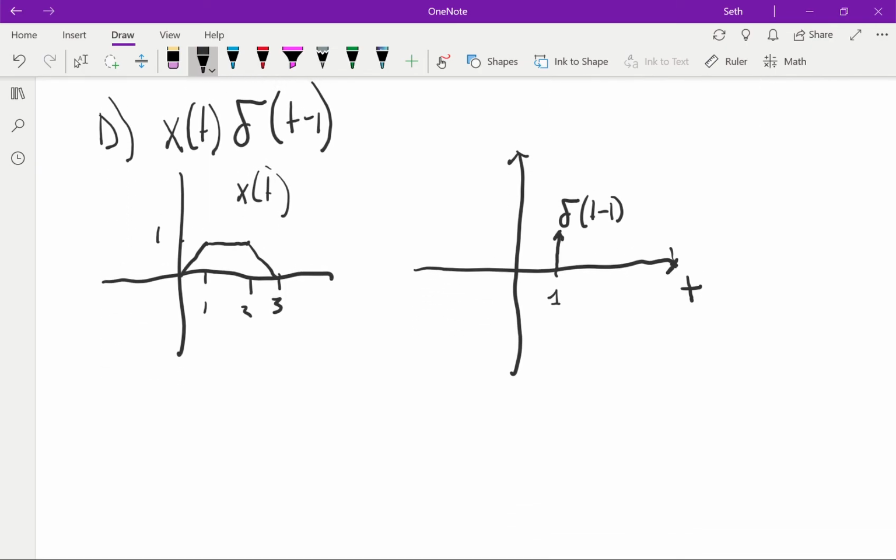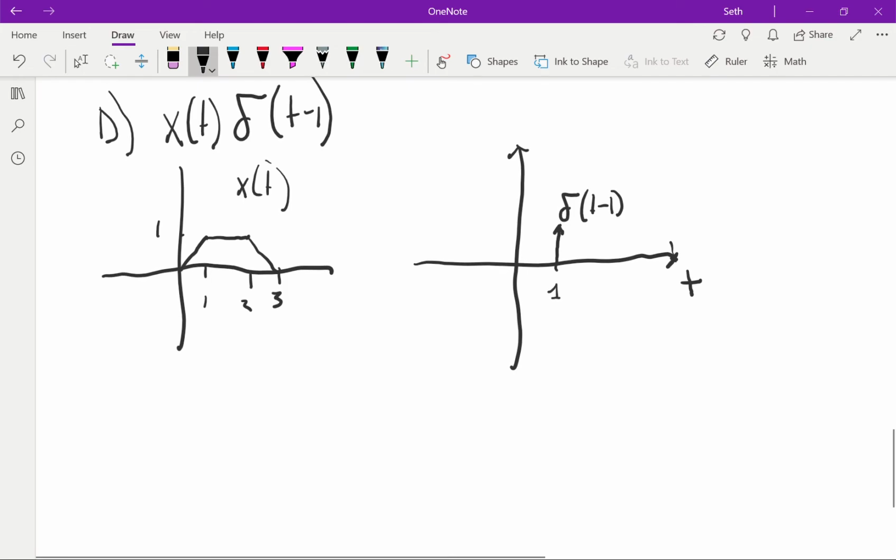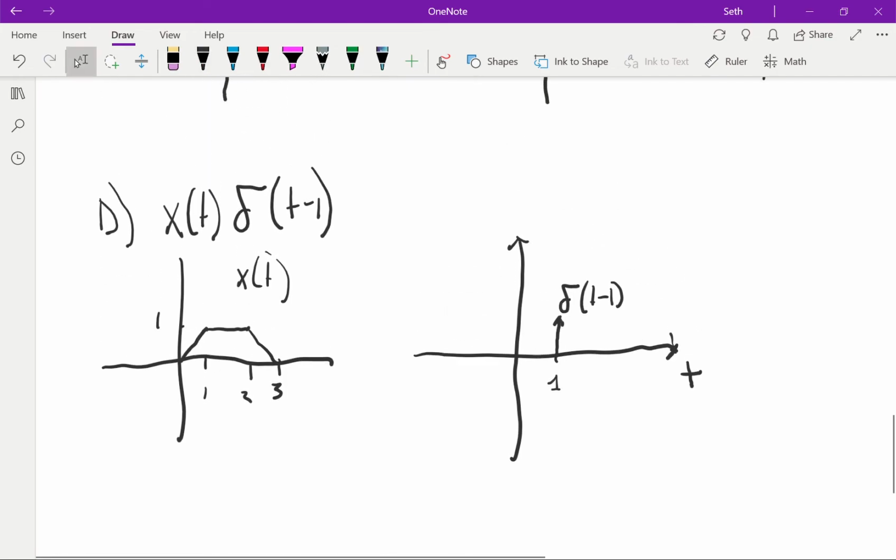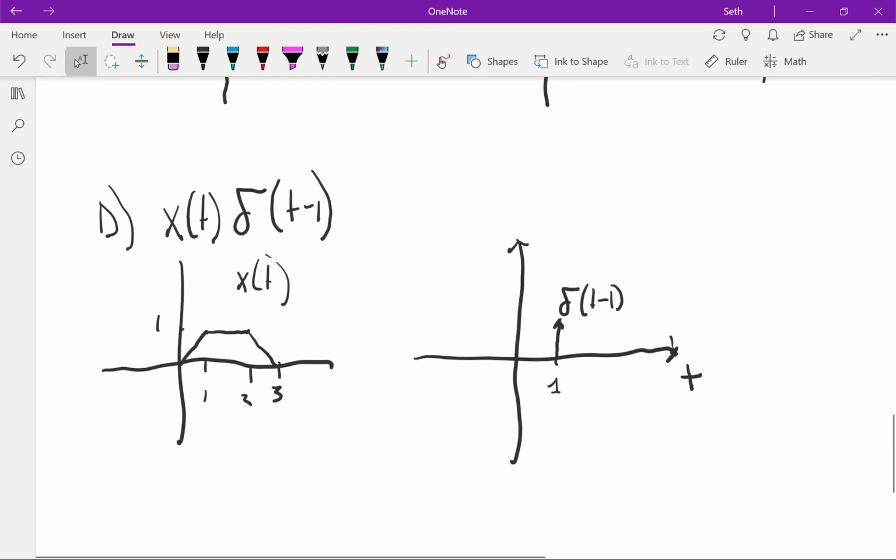So one of the properties of the delta function is that if you multiply it by another function dependent on time, it will select the function's value at the value of delta where it's valid, in this case 1. So this is actually just equal to x of 1.